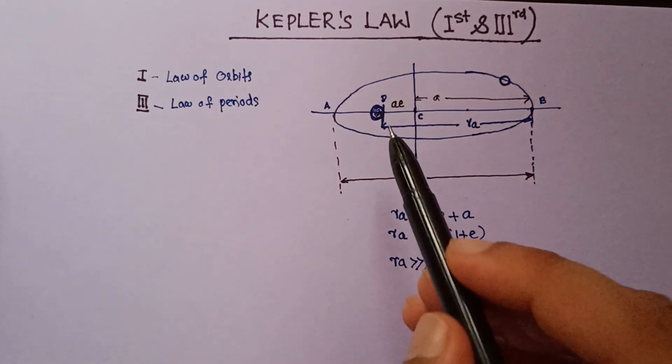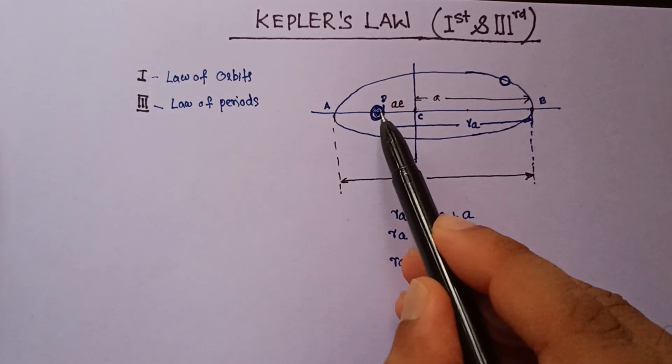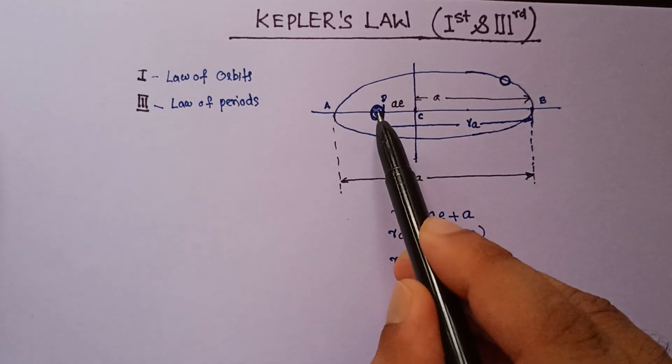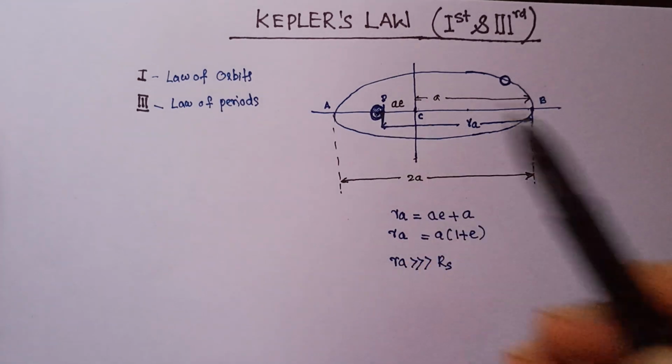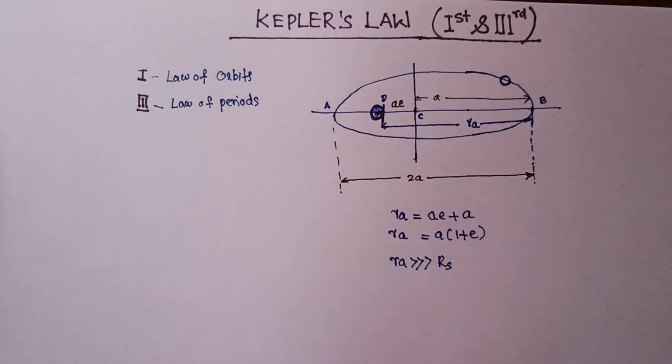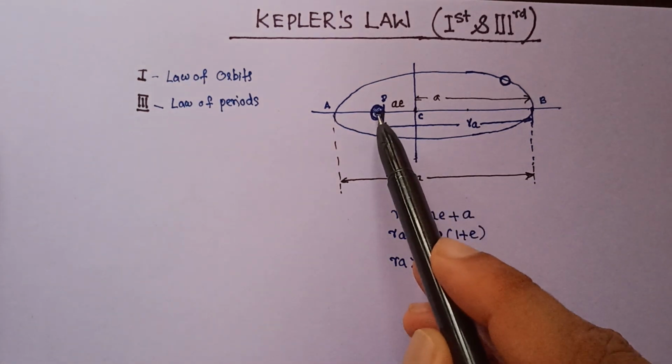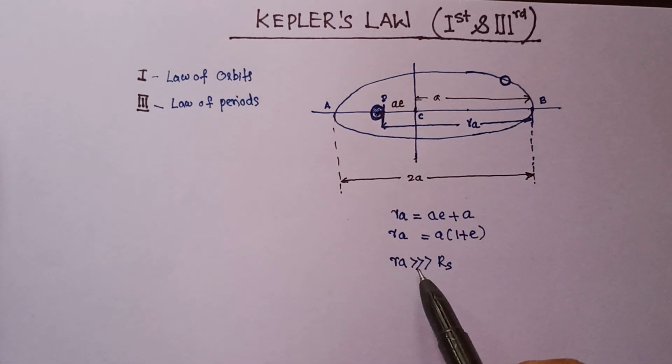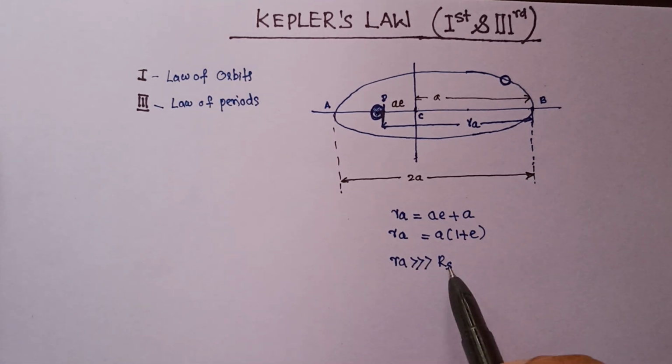Here I am not taking the radius of the sun in the center. If you are taking the center, you have to consider the radius of the sun, which you have done previously for the radius of the earth, when we derived the orbital speed. Here I am not taking the radius of the sun because your aphelion distance is very much greater than it. I think this concept is clear. That is the reason we are not taking the radius of the sun.